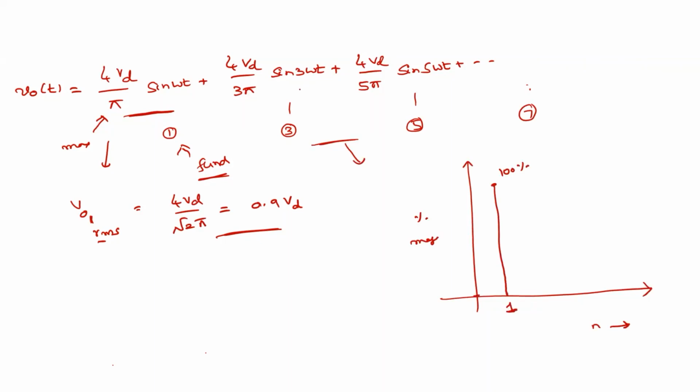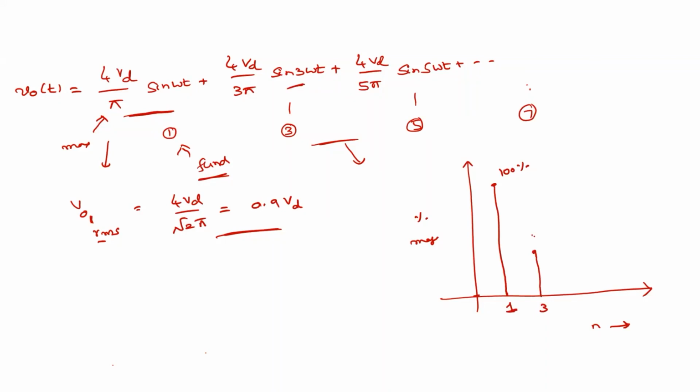So what is the magnitude of the third order harmonic? If 4VD by π is 100%, then what is 4VD by 3π? 33.3%. So it is somewhere here, this is the third order harmonic.